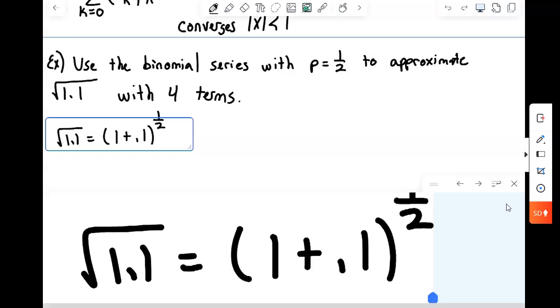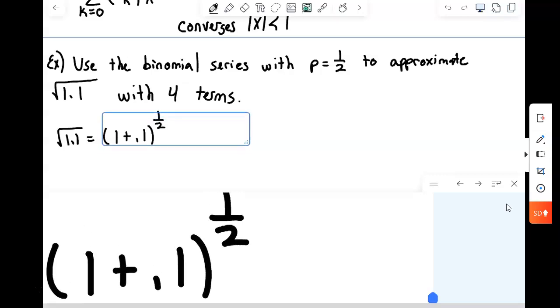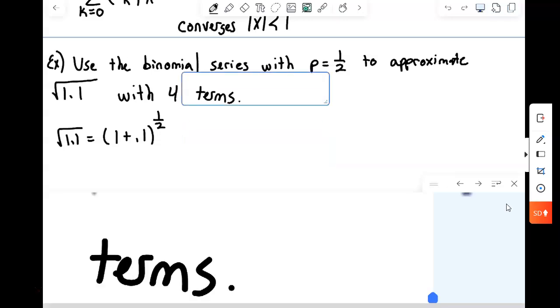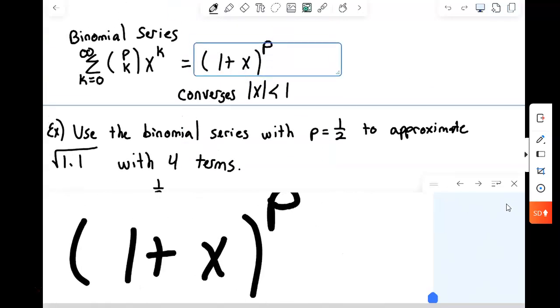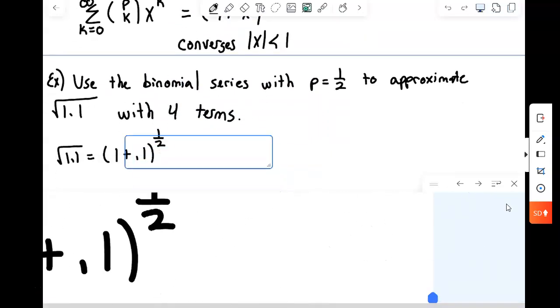Okay, so we have, of course, the square root of 1.1 can be thought of as 1 plus 0.1 raised to the 1/2. So here x is going to eventually be 0.1 when we plug it in, and the exponent will be 1/2.